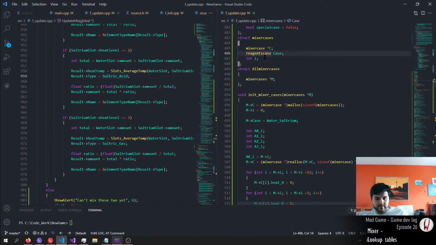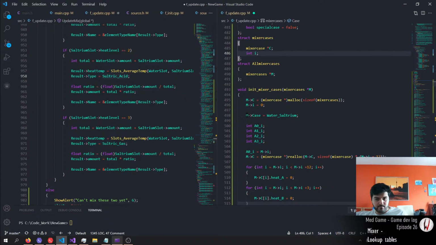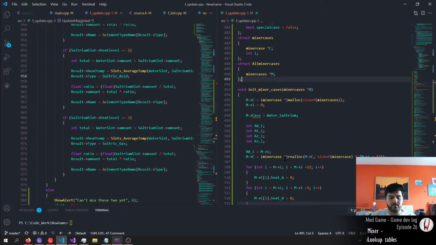Let me remove the cases and instead do in this mixer marks.